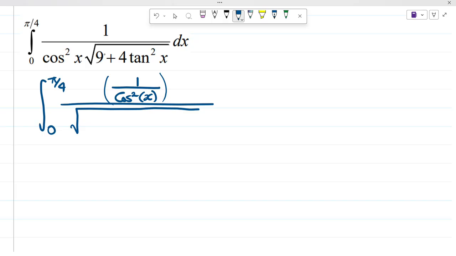We're just gonna rewrite 9 as 3 squared. So this is gonna be the same as 3 squared, plus we rewrite 4 tan squared of x as f of x squared. So this is going to be 2 tan of x squared, like this, and then we put our dx here, of course.